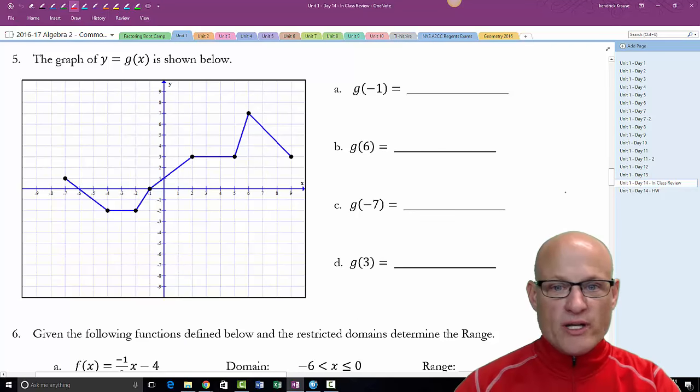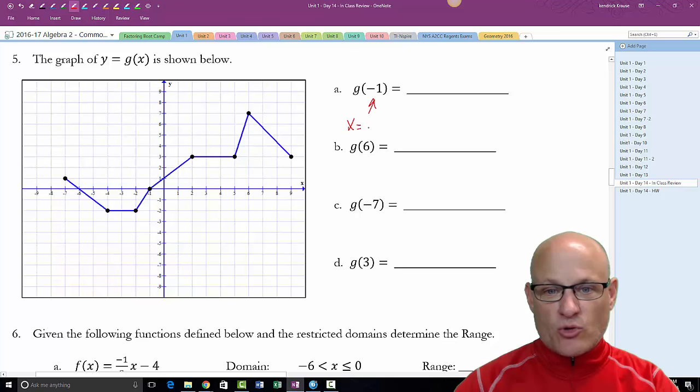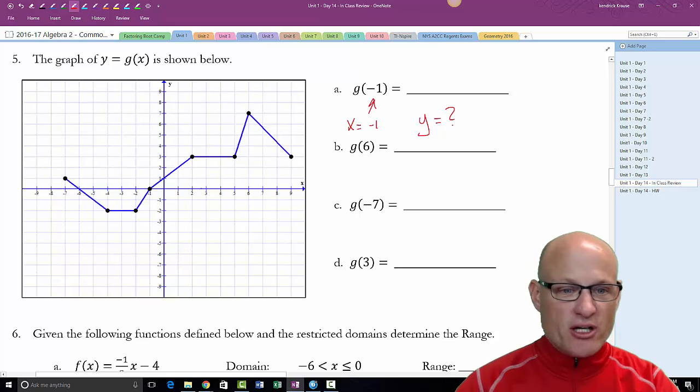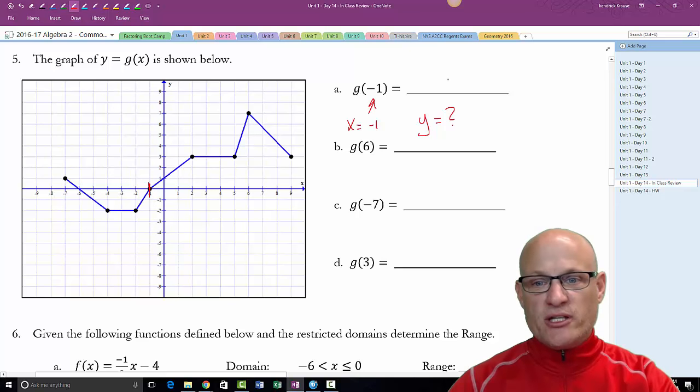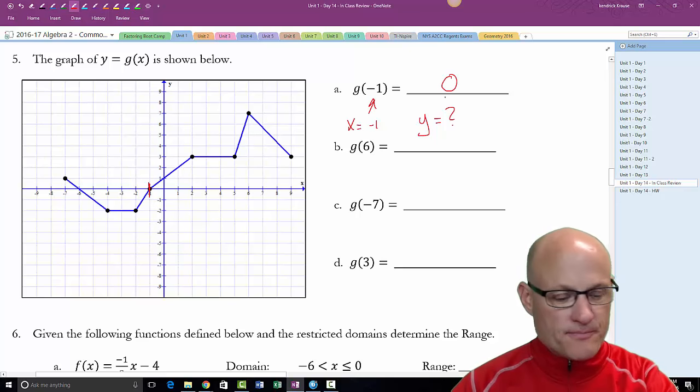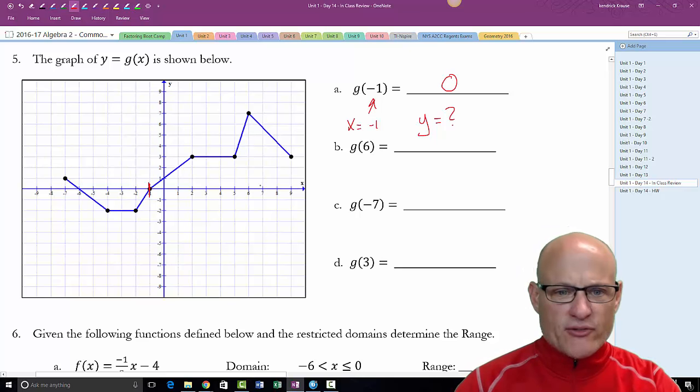All right. What is g of -1? Remember, these are x equals -1, and they're really asking you for what is the y value. So really all you got to do is say, okay, g of -1. Here's where x equals -1. G is 0. Let's see, 6. 6 is right here. 7.